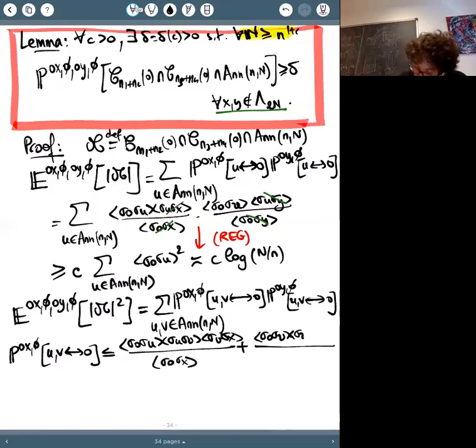So it's kind of a random walk type bound. If you want to visit u and v, you kind of need to go to u, then to v, and then to x, or you need to go to v, then to u, then to x.